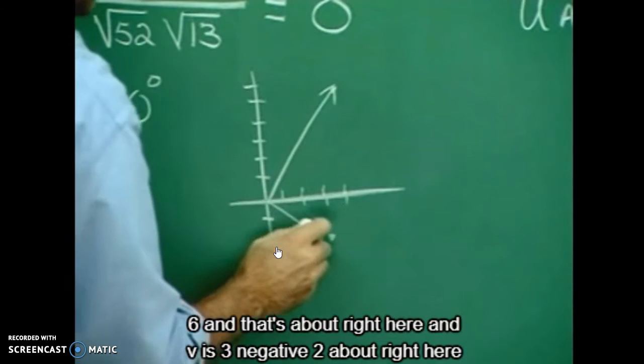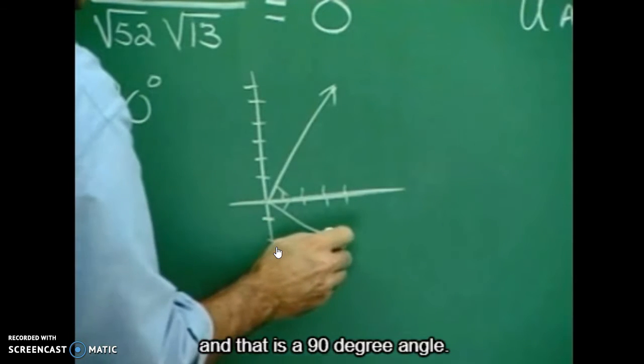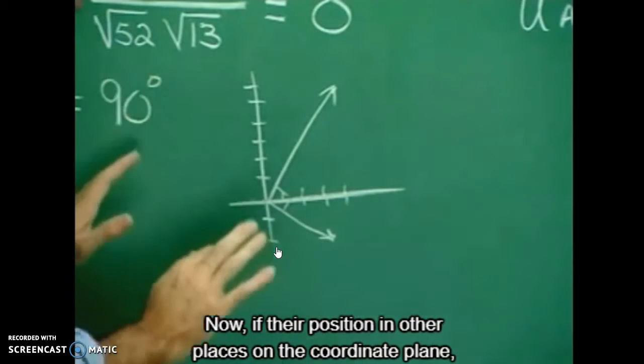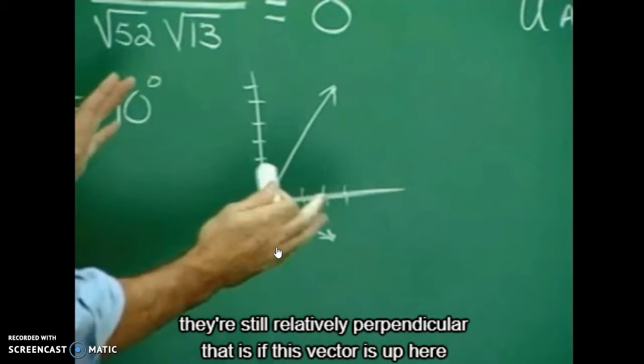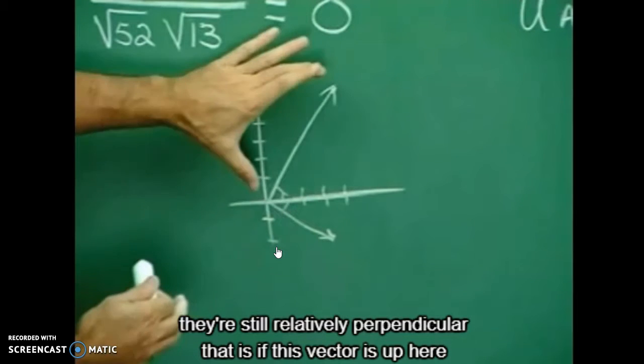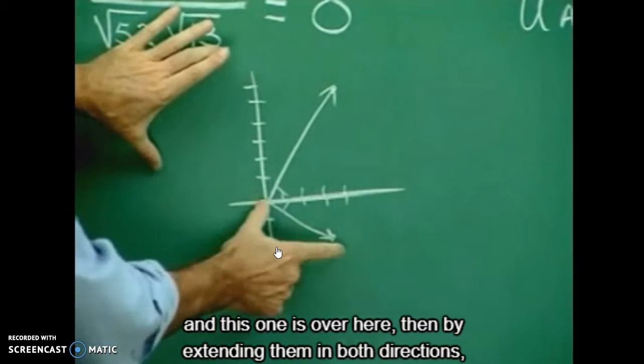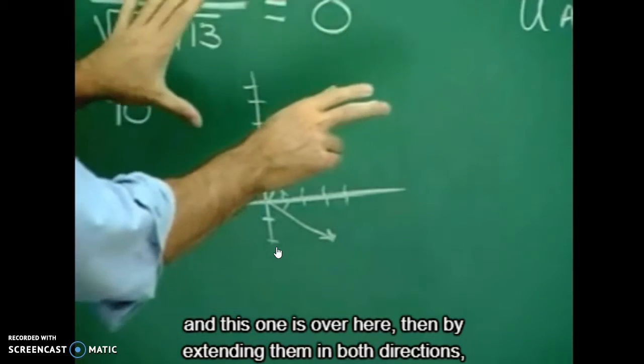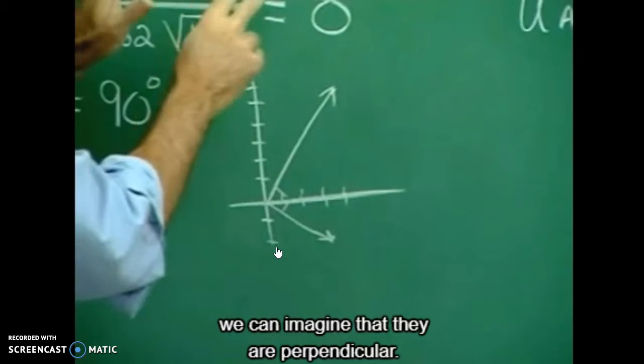About right here. And that is a 90-degree angle. Now, if they're positioned in other places on the coordinate plane, they're still relatively perpendicular. That is, if this vector is up here and this one is over here, then by extending them in both directions, we can imagine that they are perpendicular.